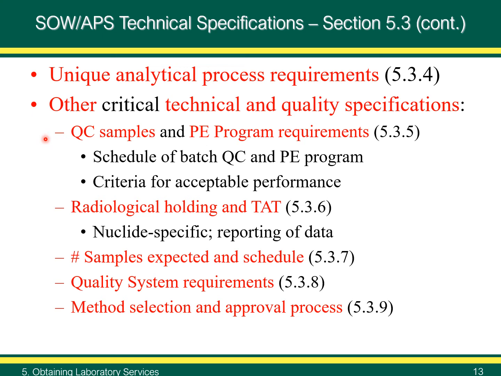Specifications should be provided and should include the type of QC samples and the frequency of their use. The specifications should also address requirements for participation in performance evaluation programs, such as those mentioned in Slide 9. Participation should also include the analytes and matrices of interest.